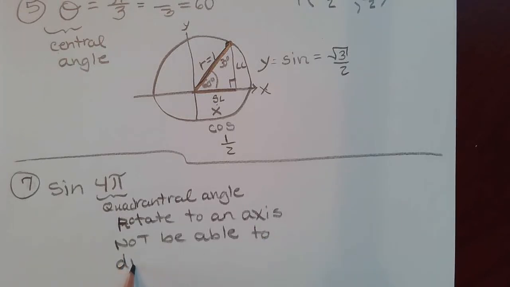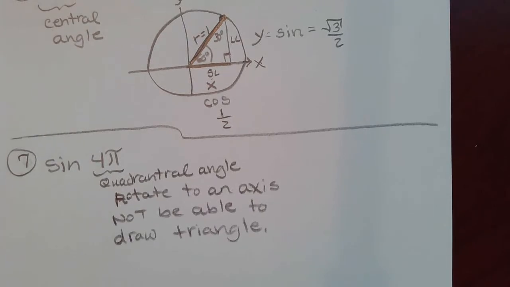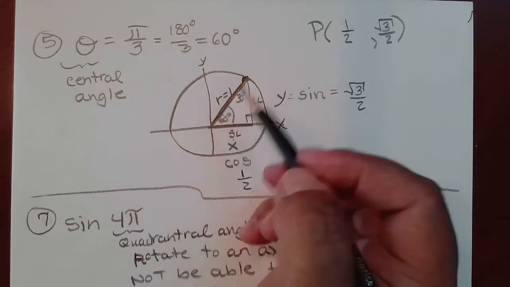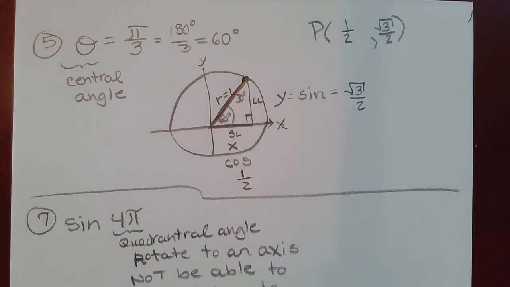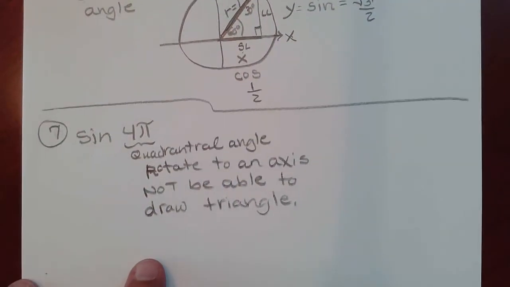So don't try to force one out, because I see students that don't understand where they're at and why they can't draw a triangle. But you can't do that when you're at a quadrantal angle. But it doesn't matter, because what we really need to answer any of these problems is an x, a y, and an r. The r is given. It's just a 1. But the x and the y, you can get whether you're drawing a triangle or whether you're not drawing a triangle.